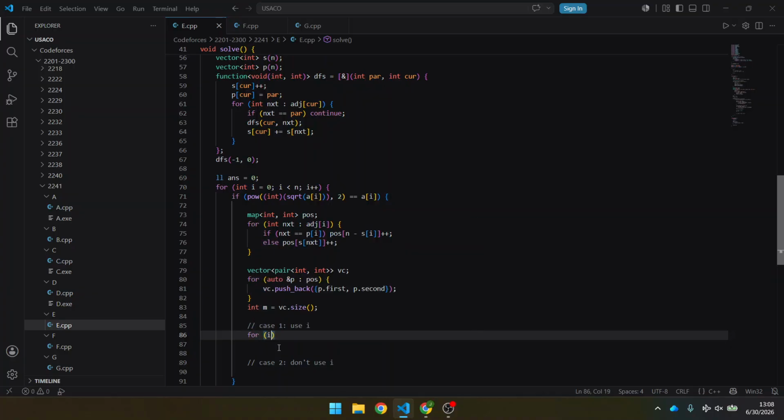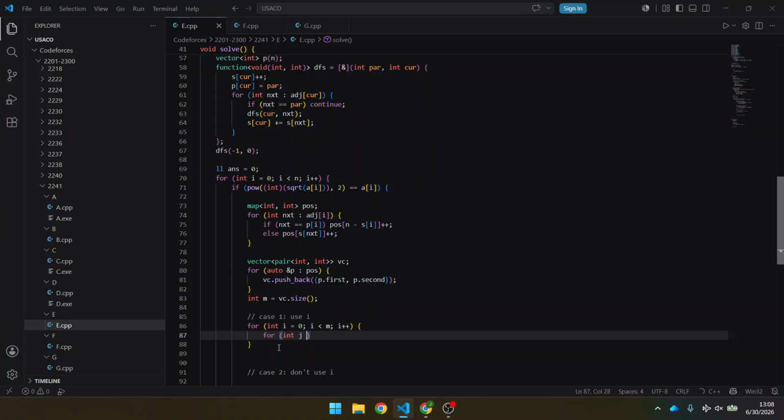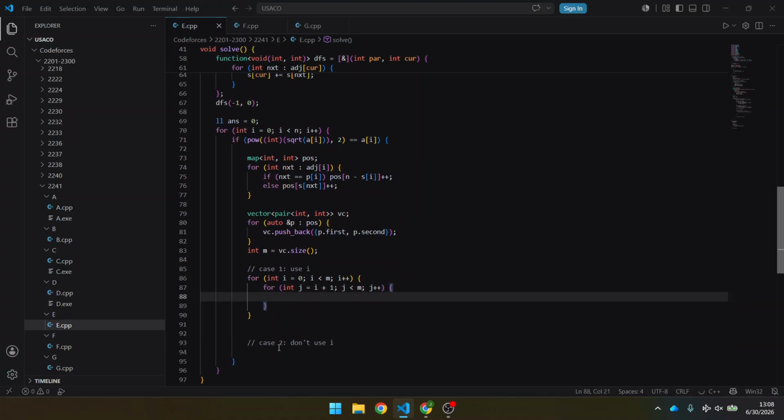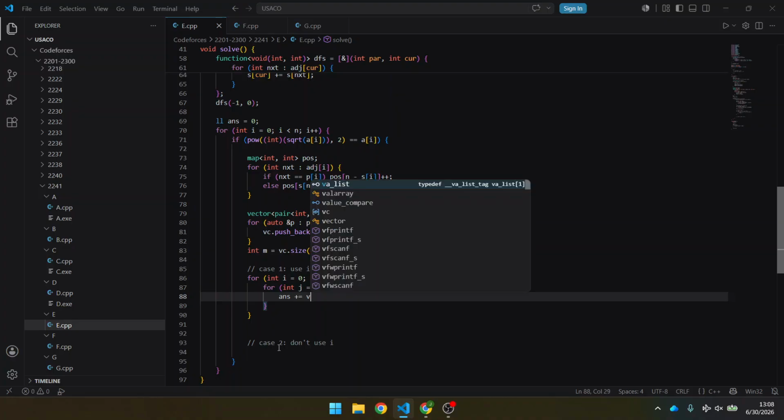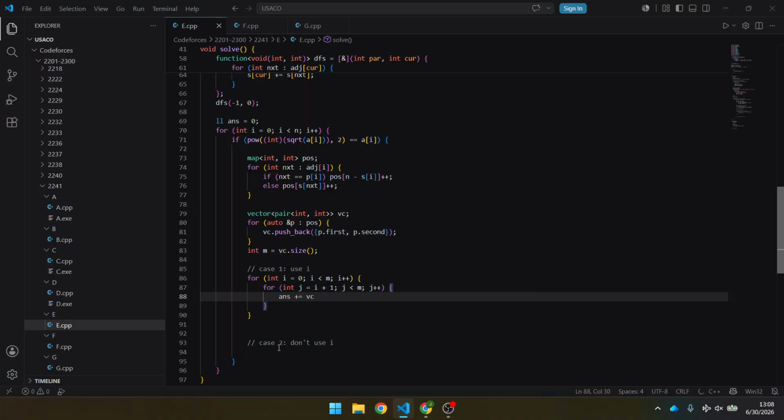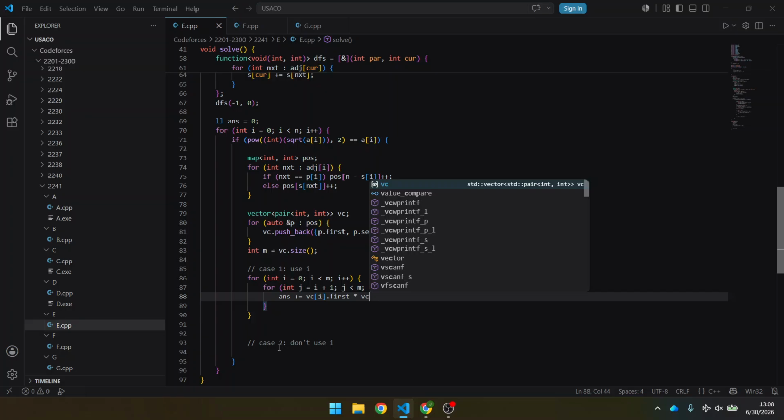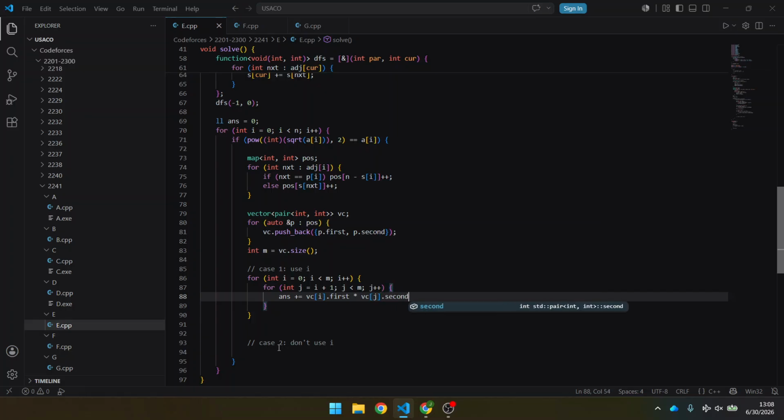For int i is 0, i smaller than m, i plus plus. For int j is equal to i plus 1, j smaller than m, j plus plus. Answer plus equal to vc i dot first times vc j dot second.